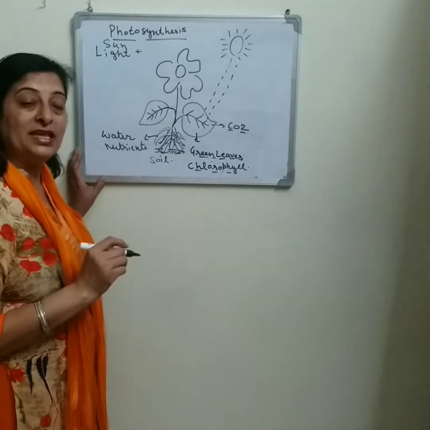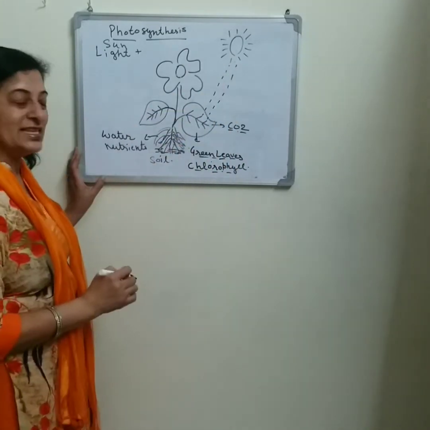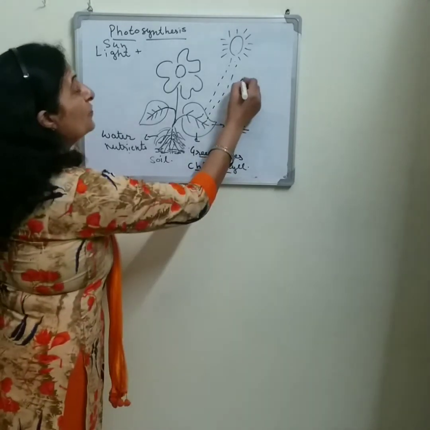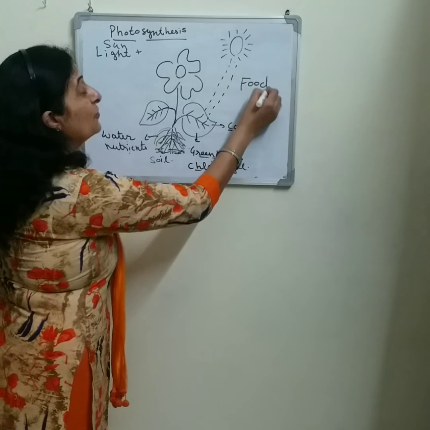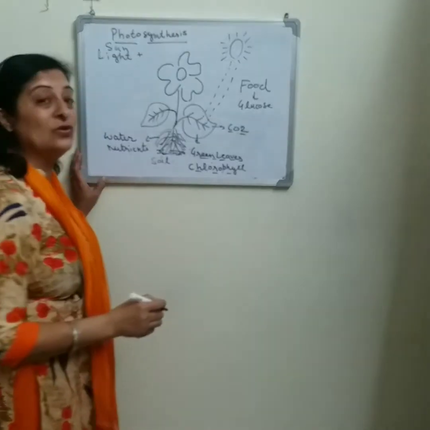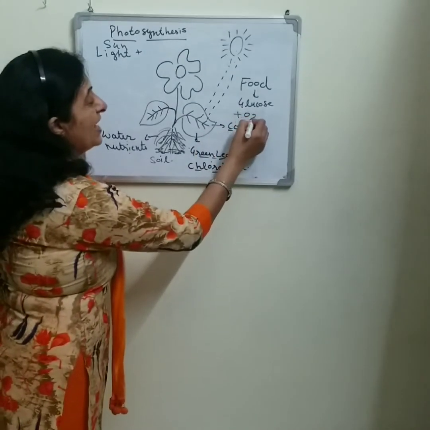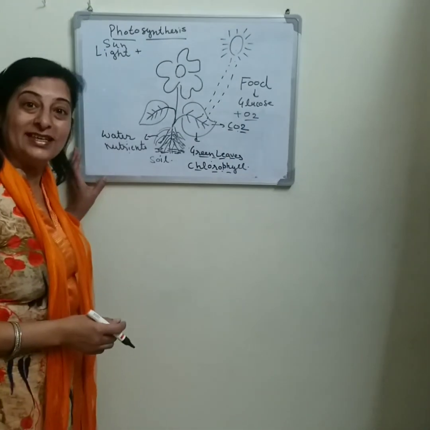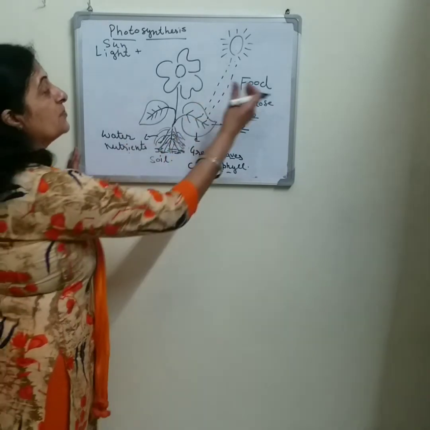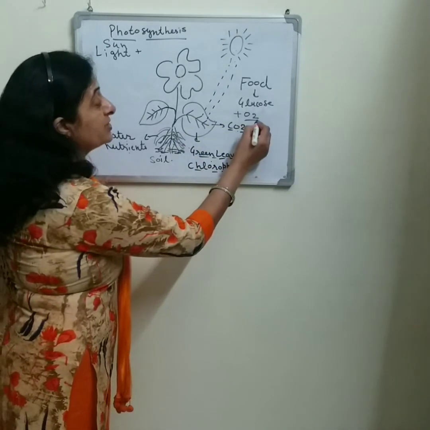Now the leaf, with the help of sunlight, carbon dioxide, water, and nutrients, prepares the food in the form of glucose, and gives us the life-giving gas, that is oxygen. So during this process of photosynthesis, green leaves prepare food along with oxygen.